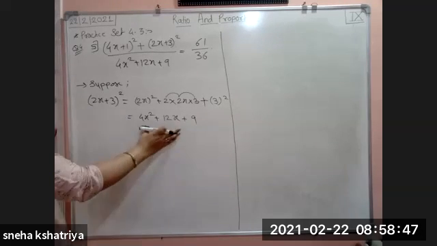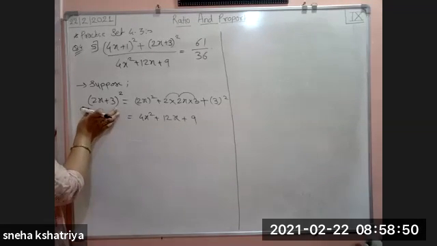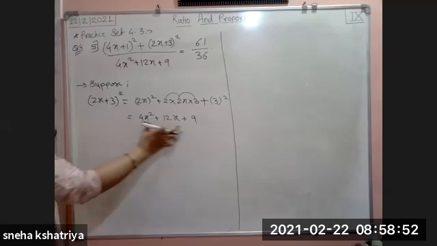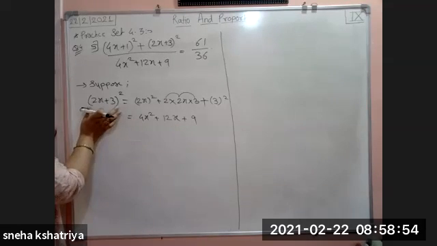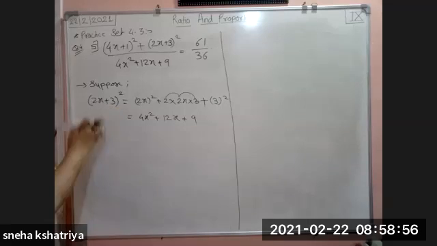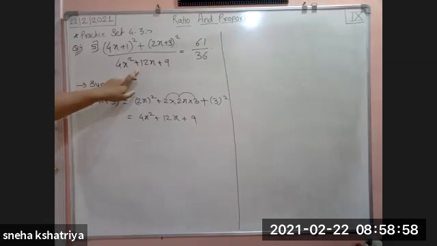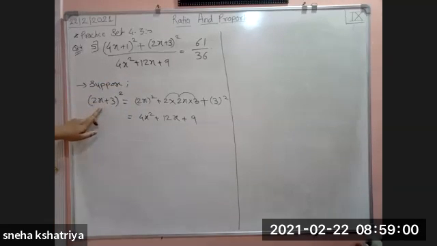So this denominator's value we can write like this, 2x plus 3 bracket square. This denominator is the expansion of 2x plus 3 bracket square. So at the denominator, we can write directly 2x plus 3 bracket square.